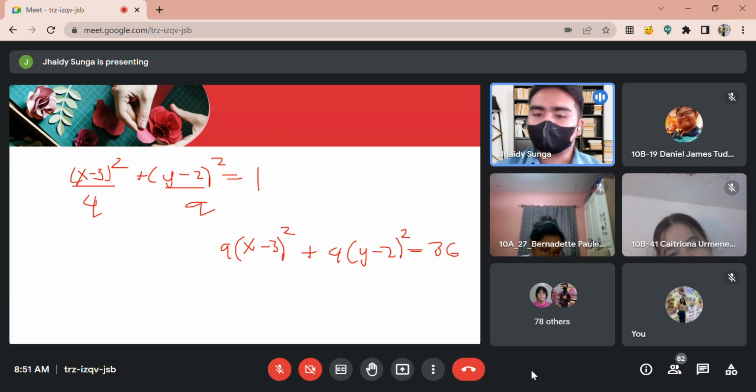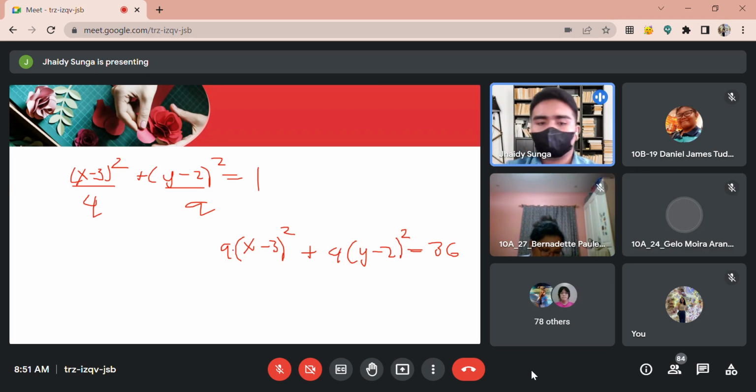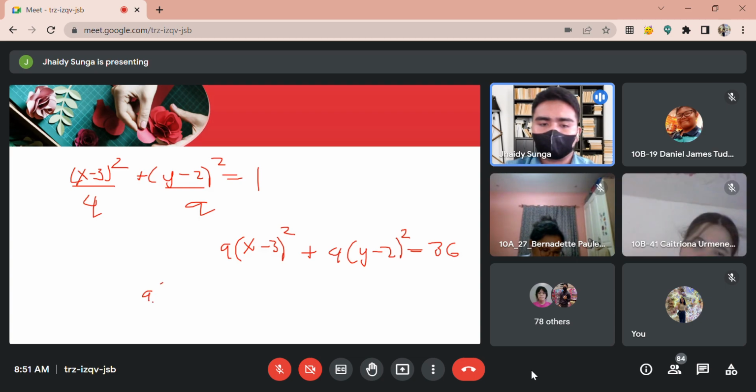If that's the case, that is an ellipse. That is in general form. Or it could be in a manner like this: 9 times x minus 3 squared plus 4 times y minus 2 squared minus 36. This could be an ellipse.